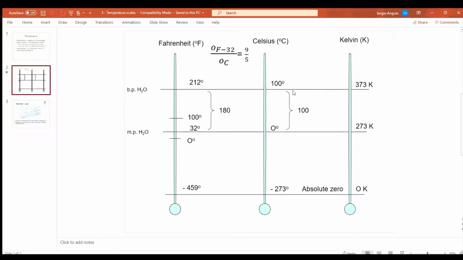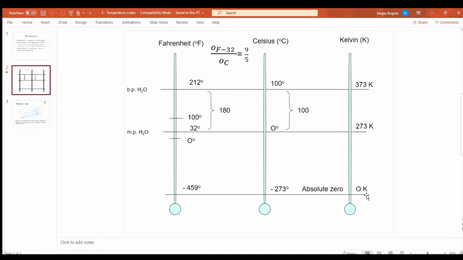But since every degree was the same size, it was just moved down and started elsewhere, so all you do is add. From 0 degrees Celsius, add 273, becomes 273 Kelvin. Negative 273 Celsius, add 273, becomes 0 Kelvin. That's your absolute zero. Okay, so that's the story of the temperature scales.